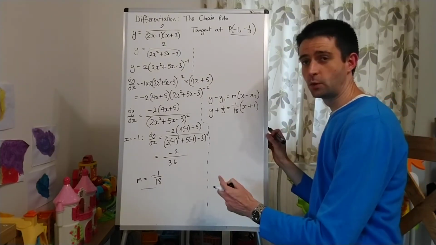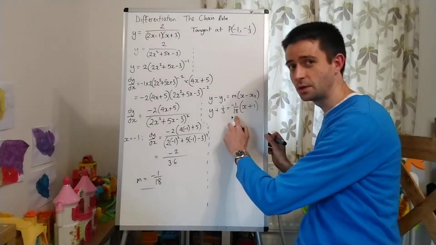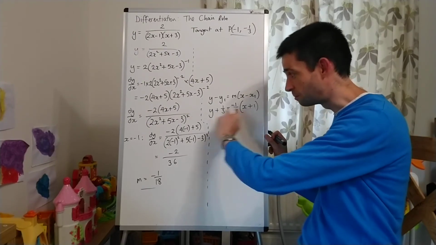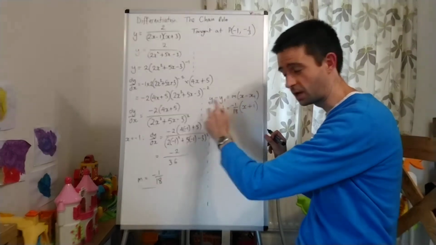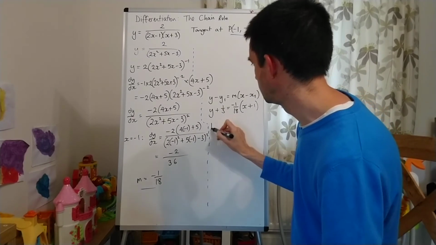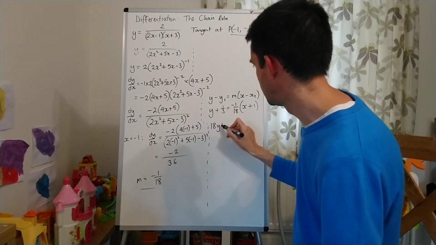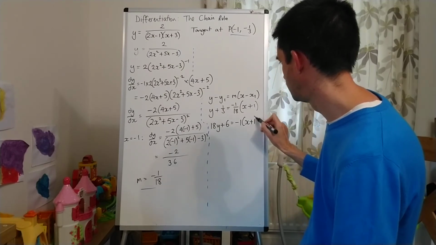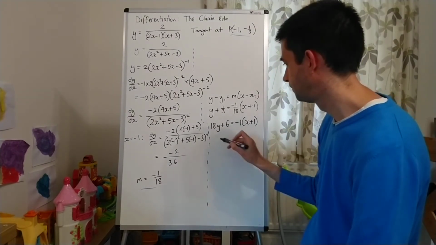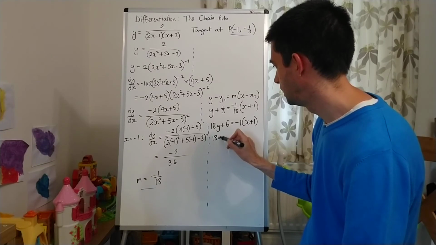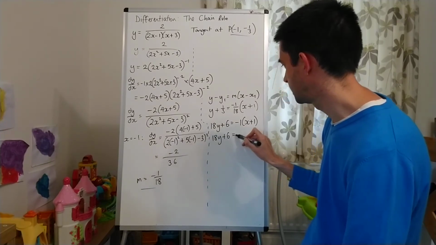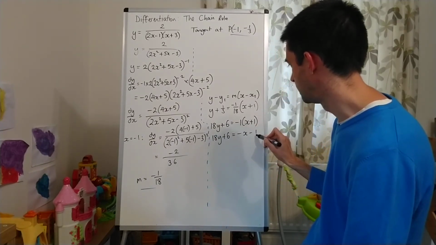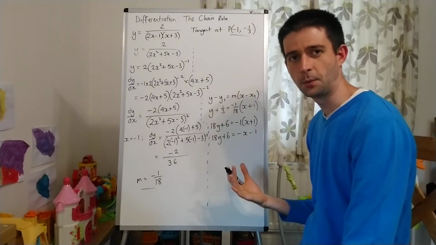Now the bonus of this form is that I've got a fraction here, so I don't need to worry about expanding the bracket out. I can just multiply both sides by that 18, which gives me 18y plus 6 equals negative 1 times (x plus 1). So then 18y plus 6 equals negative x minus 1. That's expanding the bracket out.